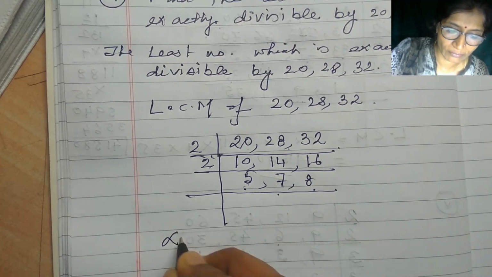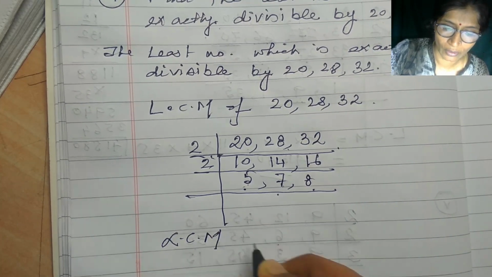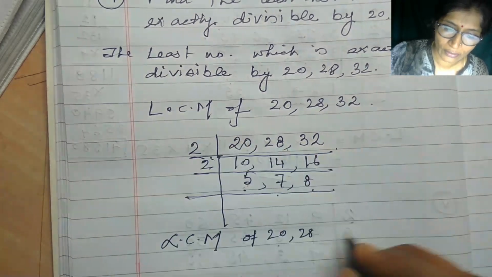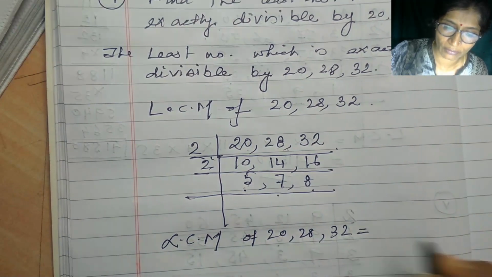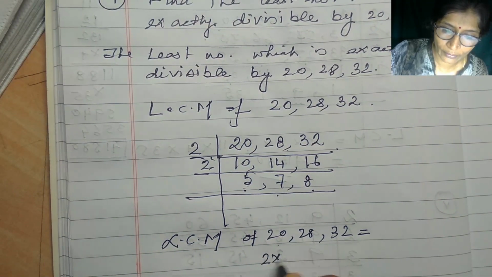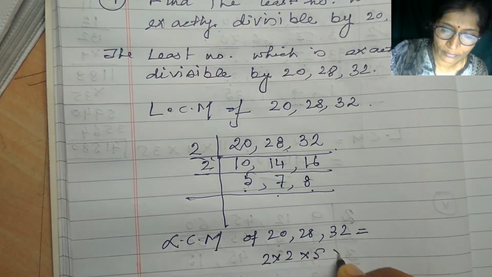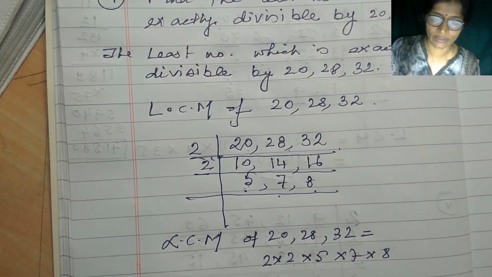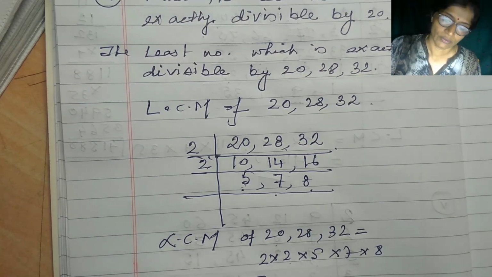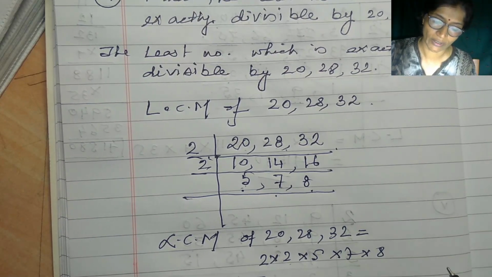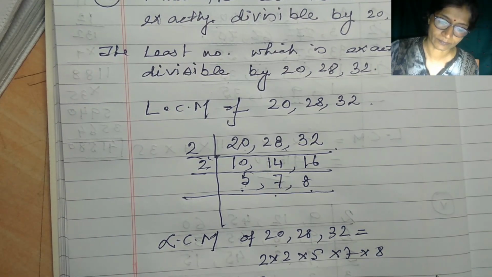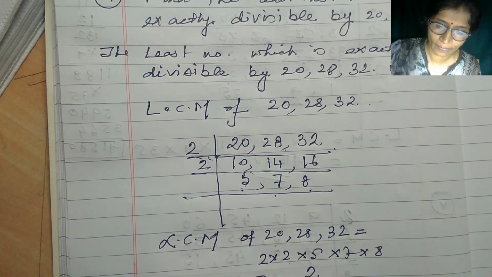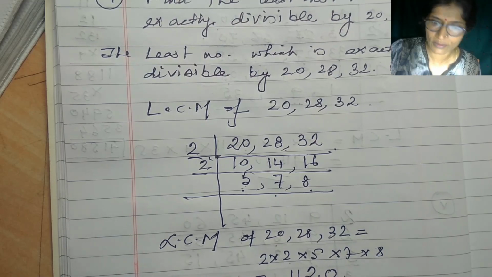So LCM of 20, 28, 32 is equal to how much? 2 into 2 into 5 into 7 into 8. 2 2s are 4, 4 5s are 20, 20 7s are 140, and 140 8s are 1120.